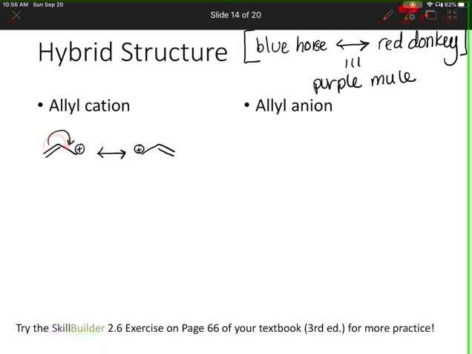So now let's draw the hybrid structure. So we're going to draw our three carbons, and remember each of those vertices or termini is a carbon. And the double bond is actually delocalized across those two bonds there. So each carbon has a partial positive charge.